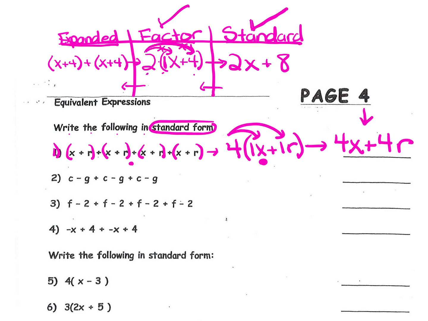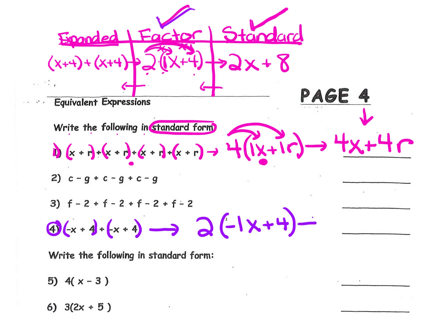Let's try another. Take a look at number 4. In number 4, we have the quantity negative x plus 4 written twice. So in factor form, taking it from expanded to factor form, we're going to write 2 times the quantity, negative 1x plus 4. Now that's the second column, factor form.